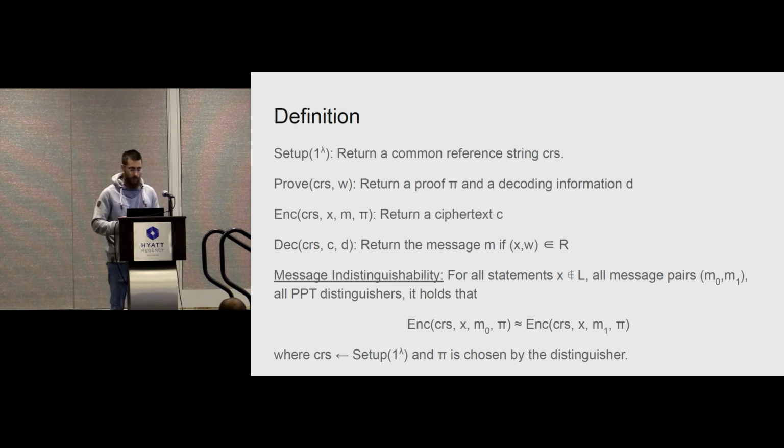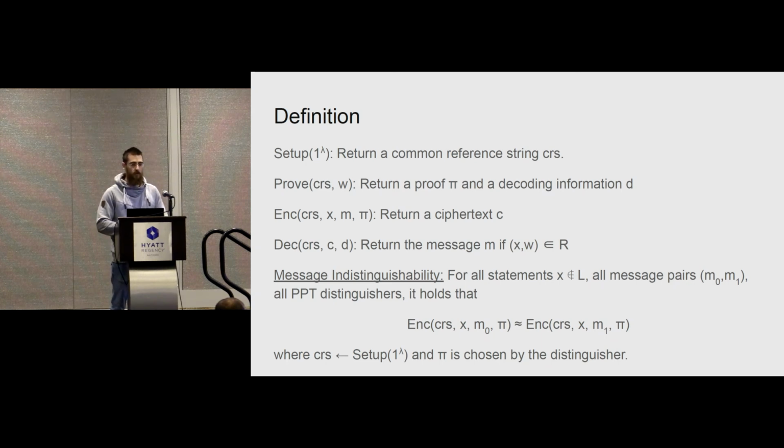So we would like to get rid of it, but we cannot. And then there's a proof algorithm that takes as input the witness and a statement and returns a proof pi. And you can use this to encrypt and compute the ciphertext C, and the decryption algorithm will succeed if X, W is in the relation, as we explained before.